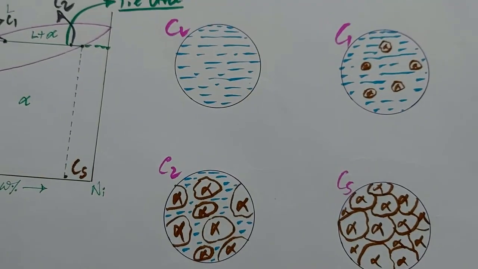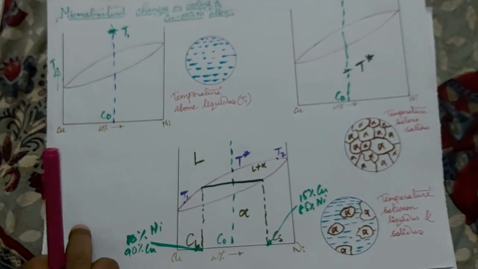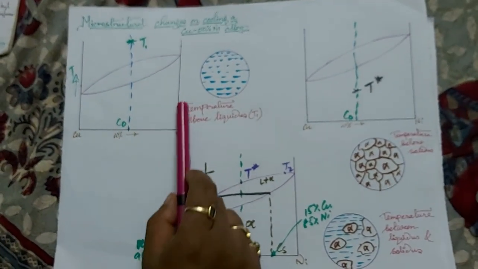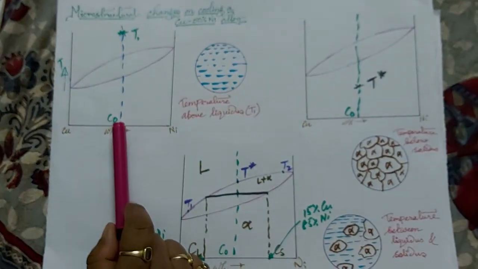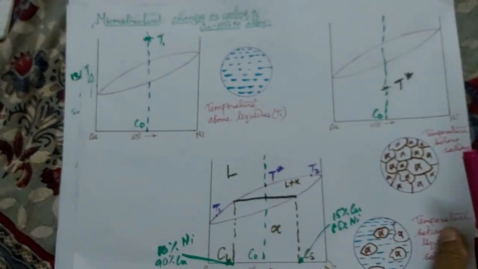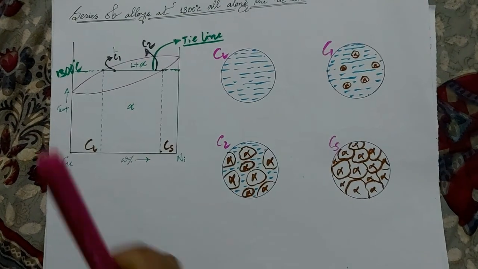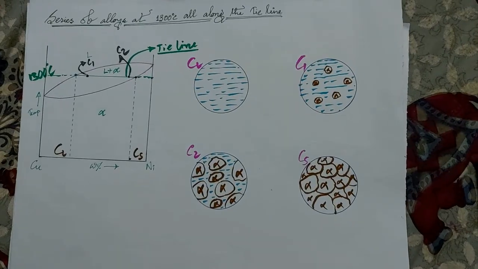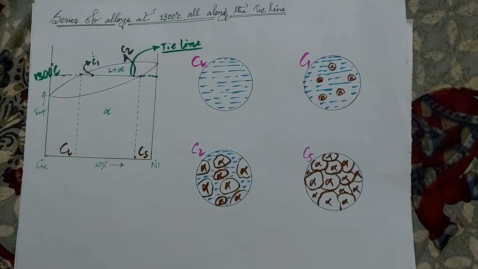From this diagram and this diagram, in one the temperature is varying about this line and composition is constant, and here the composition is varying but the temperature is constant. So in both cases the liquid phase is converting into solid phase.